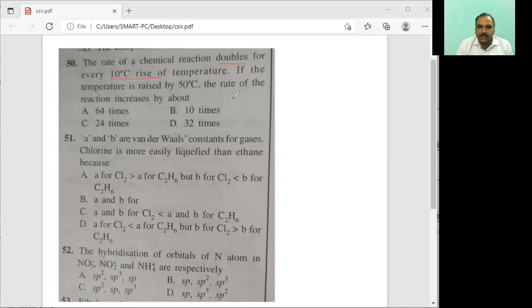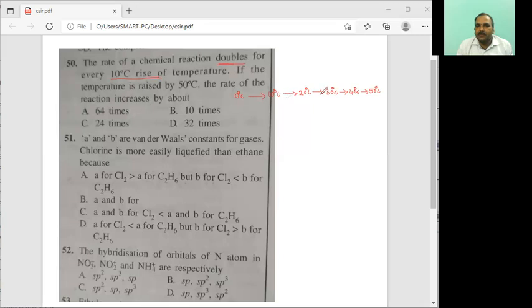Starting with 0 degree centigrade: 0 to 10 degree centigrade, 10 to 20, 20 to 30, 30 to 40, 40 to 50 degree centigrade. For every 10 degree centigrade, the rate of the reaction is double.